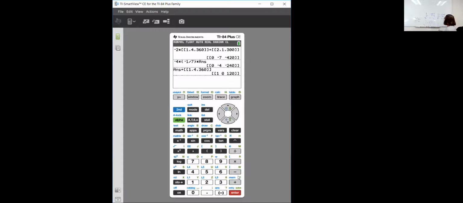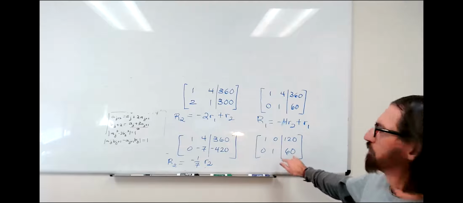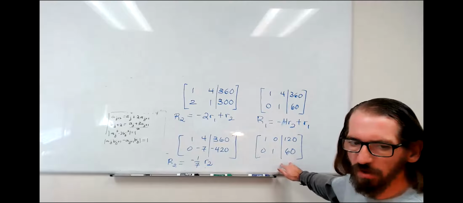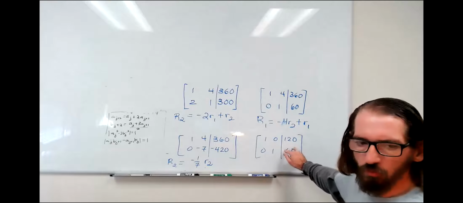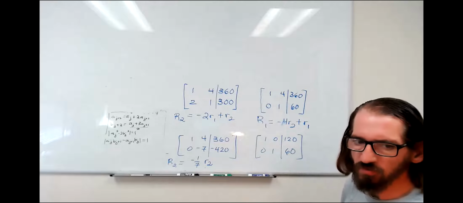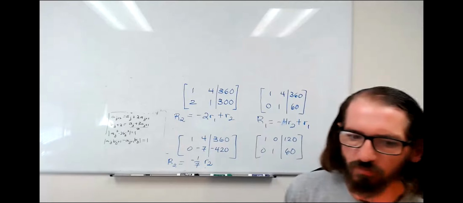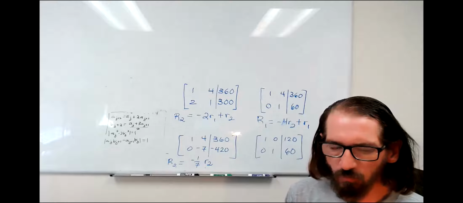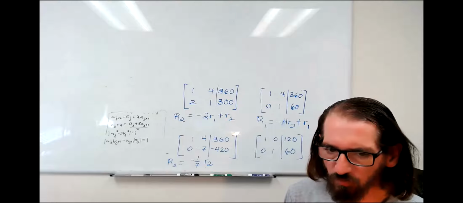It does. And so here is the row reduced matrix that we have, with the corner point being at 120, 60. That's the same corner point that we found by a different approach earlier.